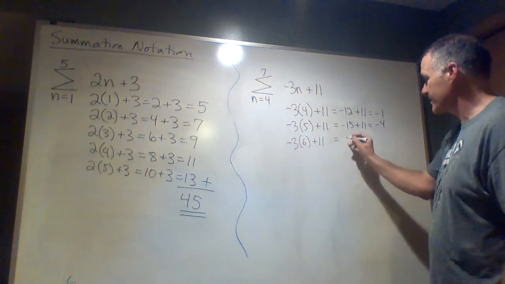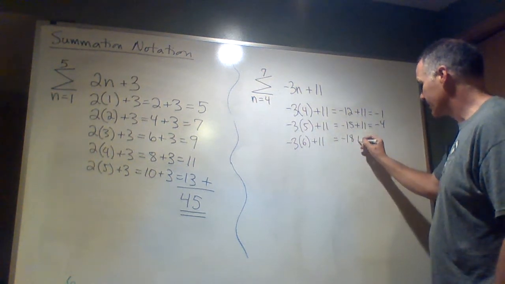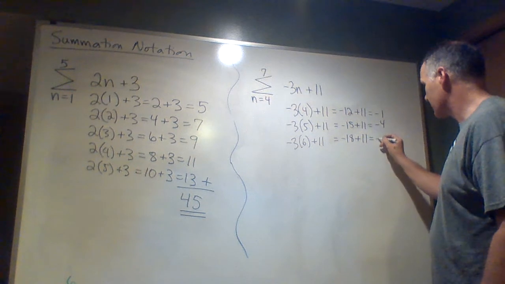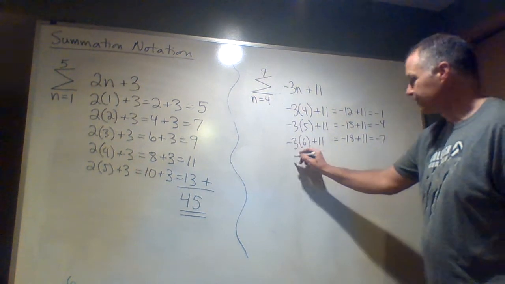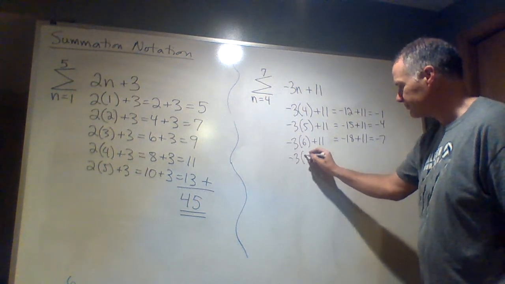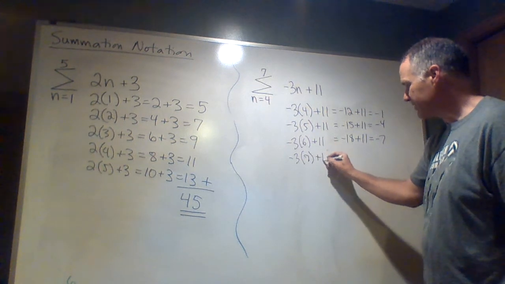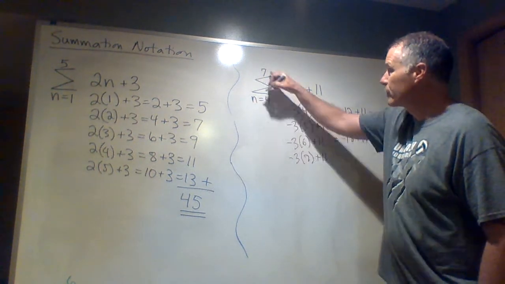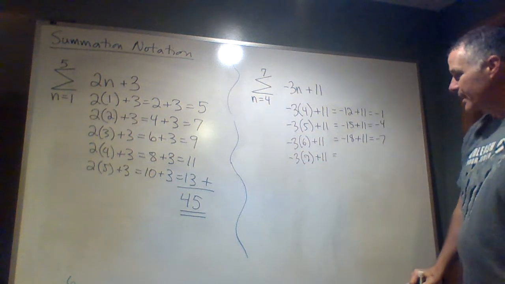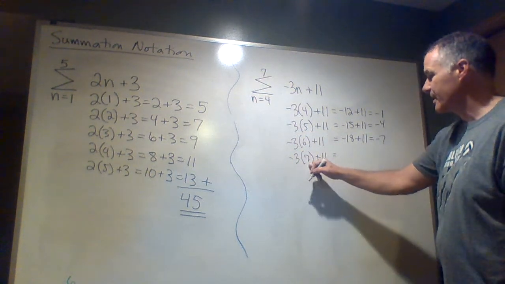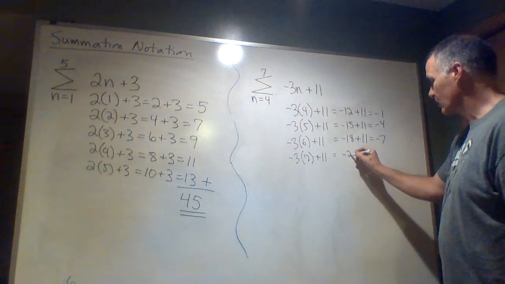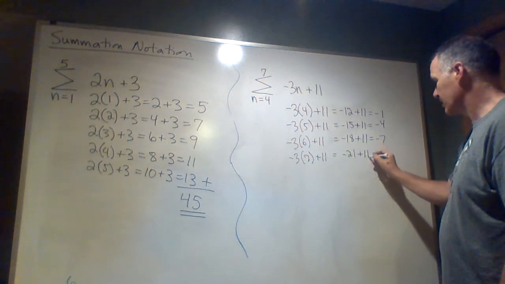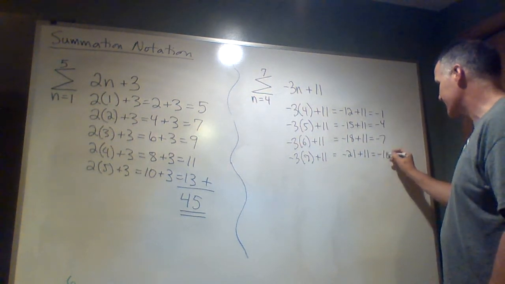Negative 3 times 6 is negative 18, plus 11 is negative 7. Now we're going to do 7. Negative 3 times 7 plus 11. Negative 3 times 7 is negative 21. Plus 11, that's a negative 10.